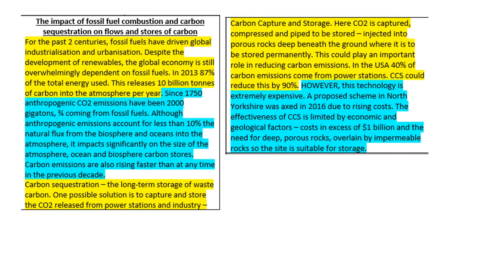However, it's extremely expensive. We had a scheme proposed in North Yorkshire, which was axed because it was just getting out of control in terms of its cost. So it's limited in its value in terms of economic and geological factors. You're going to need more than $1 billion, and you also need the geology to be right. You need porous rocks that have got impermeable rocks above them so that the gas and the carbon doesn't escape to the surface.